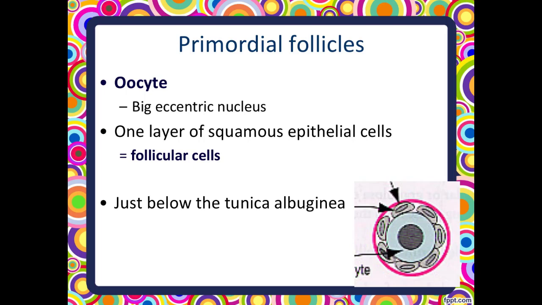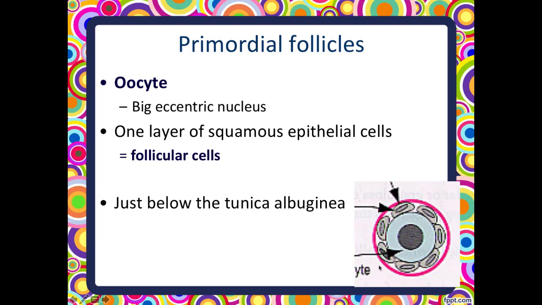So primordial follicles contain one oocyte within, with one layer of squamous epithelial cells around. These cells are called follicular cells, and they have their basal lamina, which is here, the pink one.